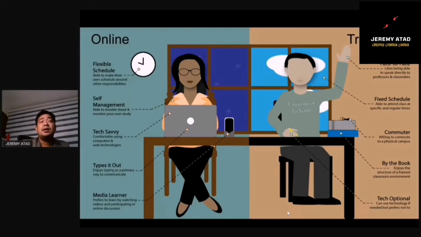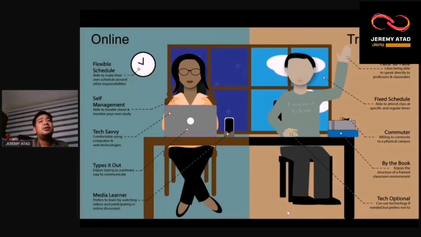Of course, being an online learner, he or she is tech-savvy, comfortable using computers and web technologies, and enjoys typing as the primary way to communicate. As a media learner, he prefers to learn by watching videos and participating in online discussions. So all of these perks can be enjoyed by an online learner. And obviously, online learners are most of the students that we have in private schools.